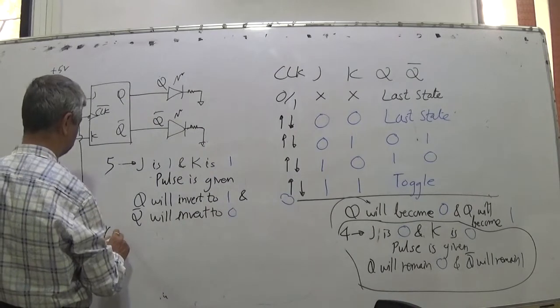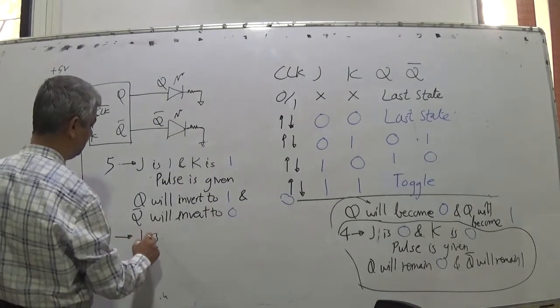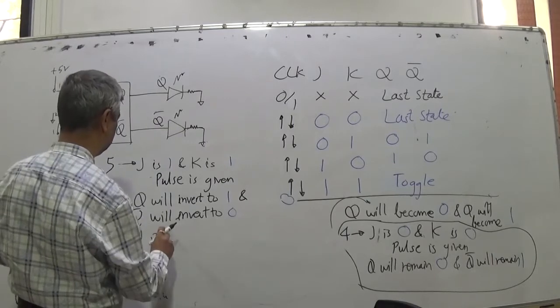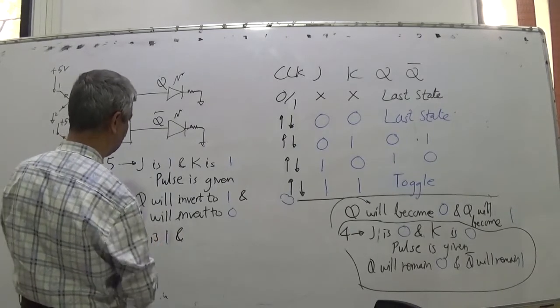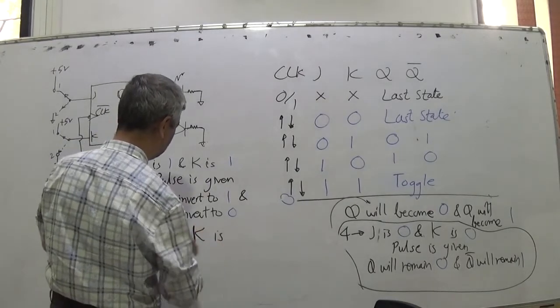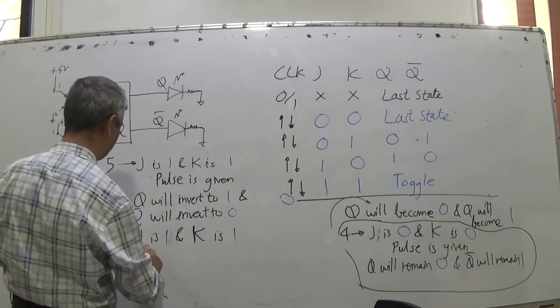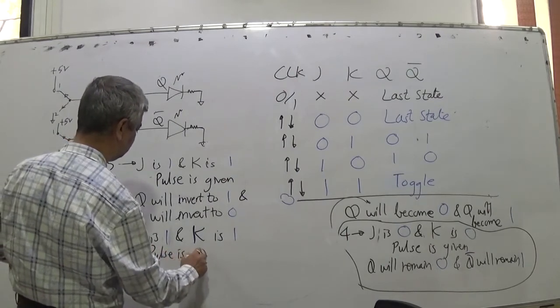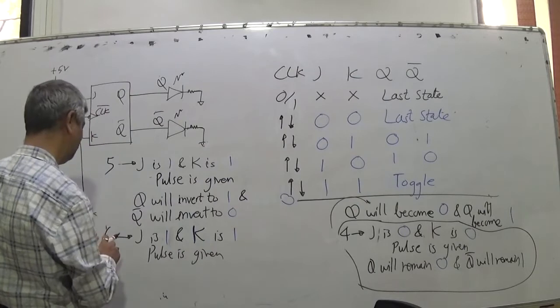Now again step 6. If you still keep J as 1 and K as 1, and if you again give the pulse, then what will happen?